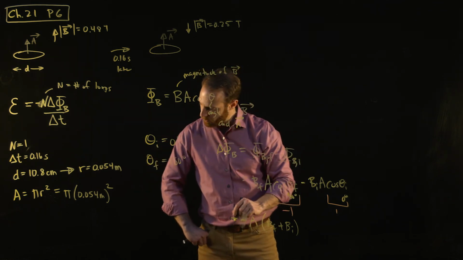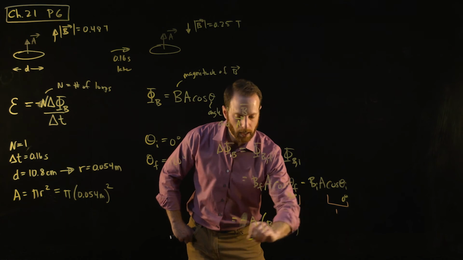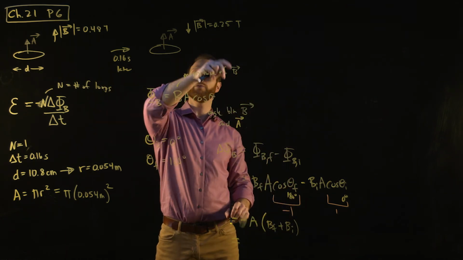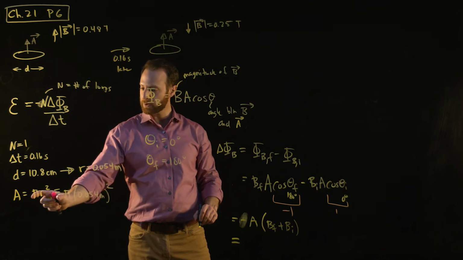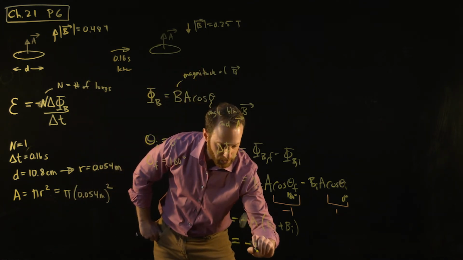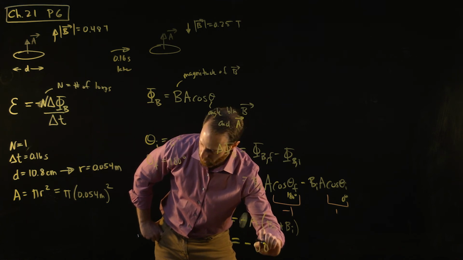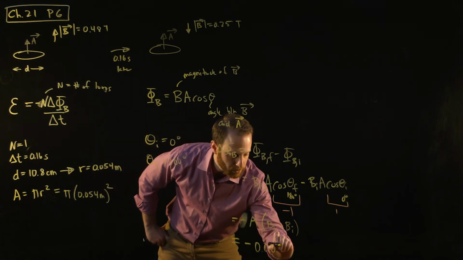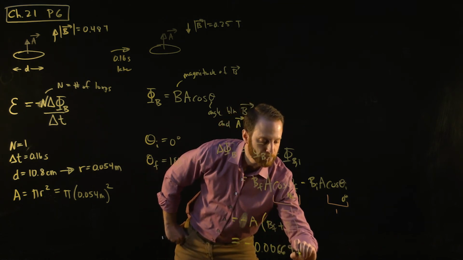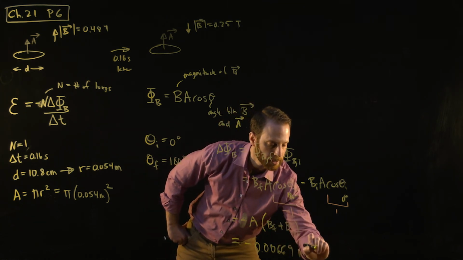And so what we have when we start plugging in these numbers, if you put in B final of 0.25, B initial 0.48, and you stick in this area, the overall change in the flux is a minus 0.00669 and has the units of meters squared times Tesla.